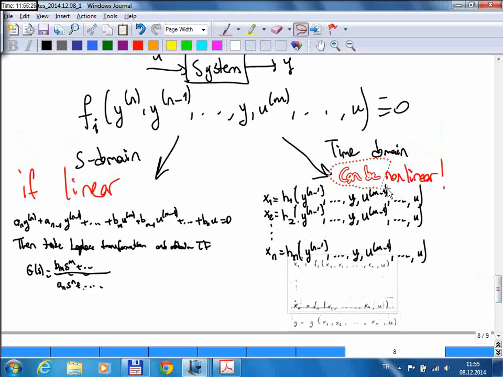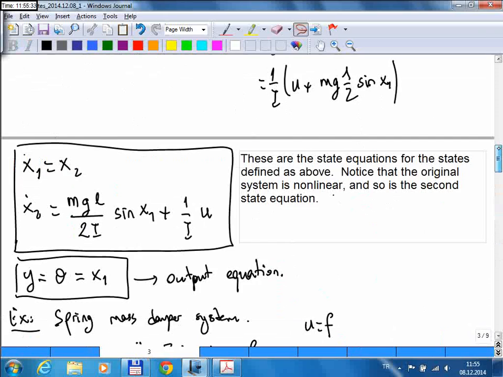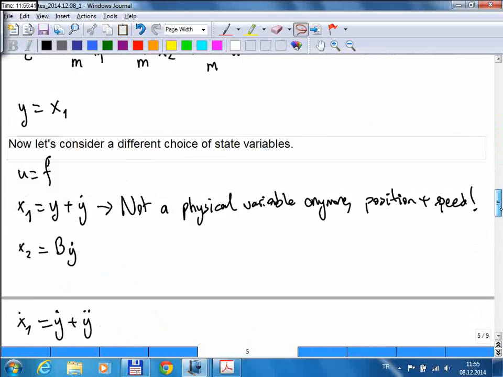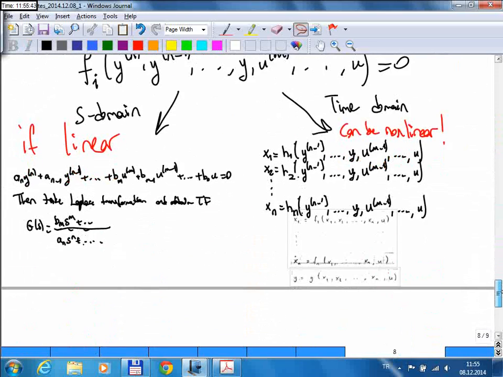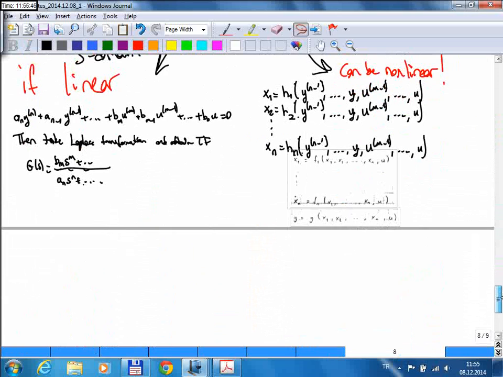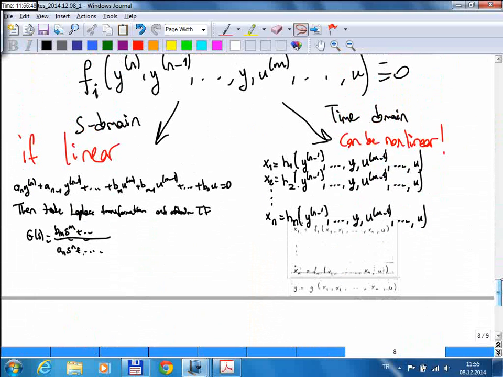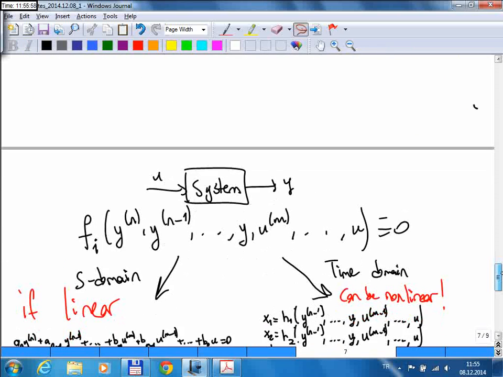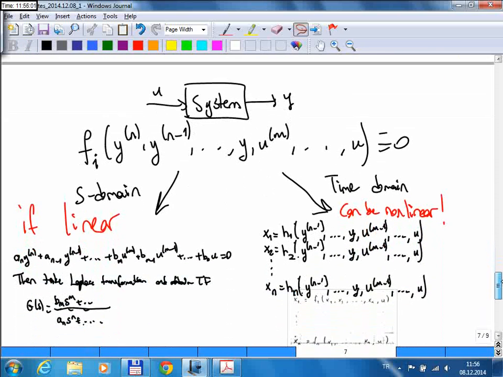It can be nonlinear. In that case these state equations will be nonlinear, just like the pendulum example. Remember that there the state equation is nonlinear because we have a trigonometric function. But obviously, if our system is linear, then it brings certain additional simplifications. So let's now take a look at that case.